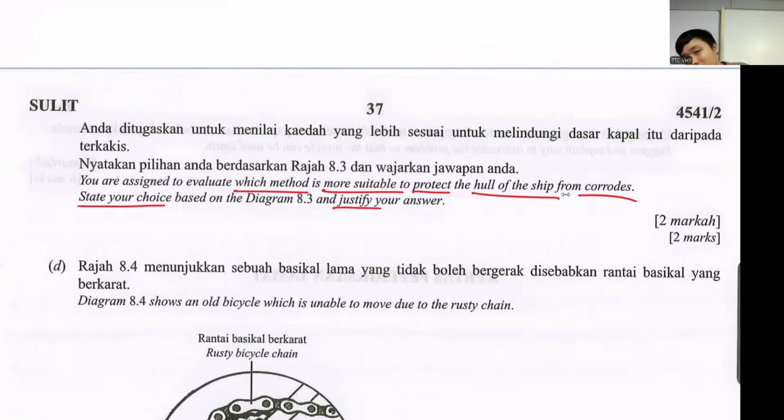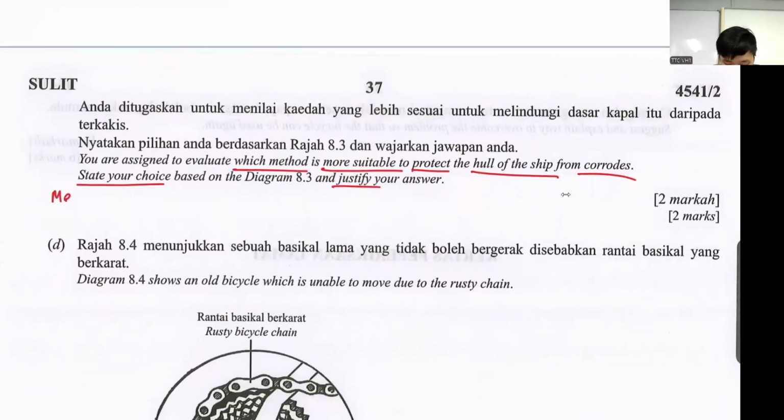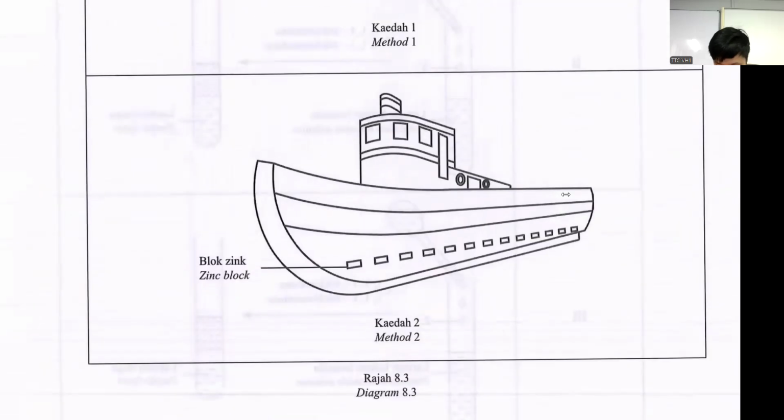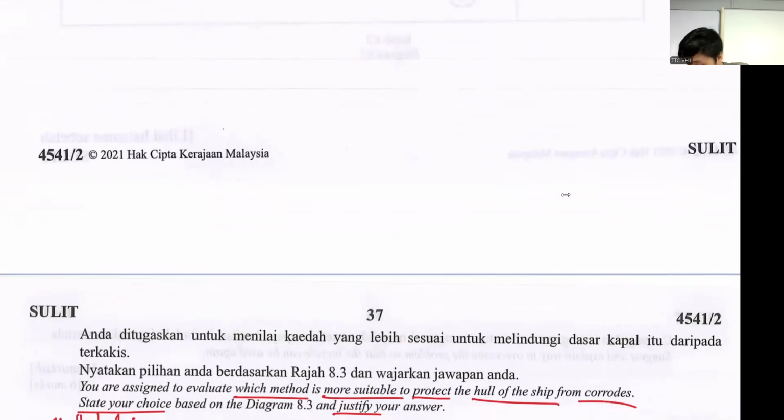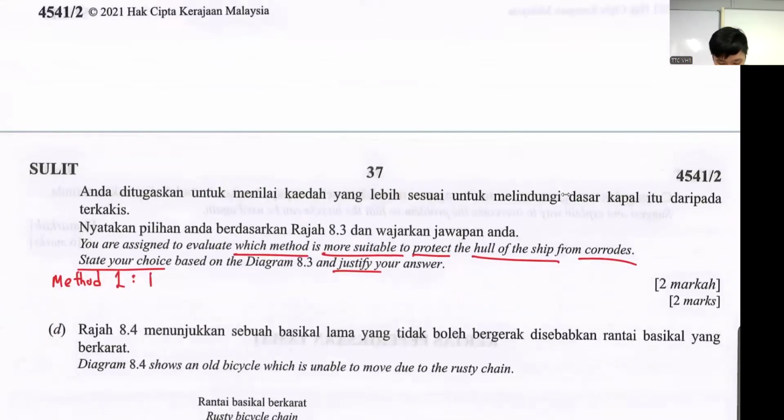2 marks only. So which method? Actually, justify means normally you can choose method one or method two. So let's say if I choose method one, which is painted ship's hull. Why?